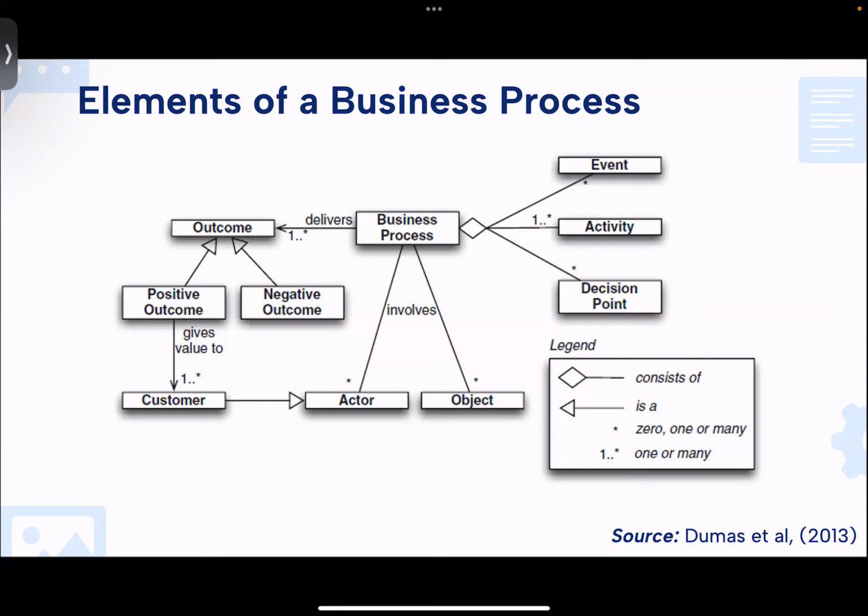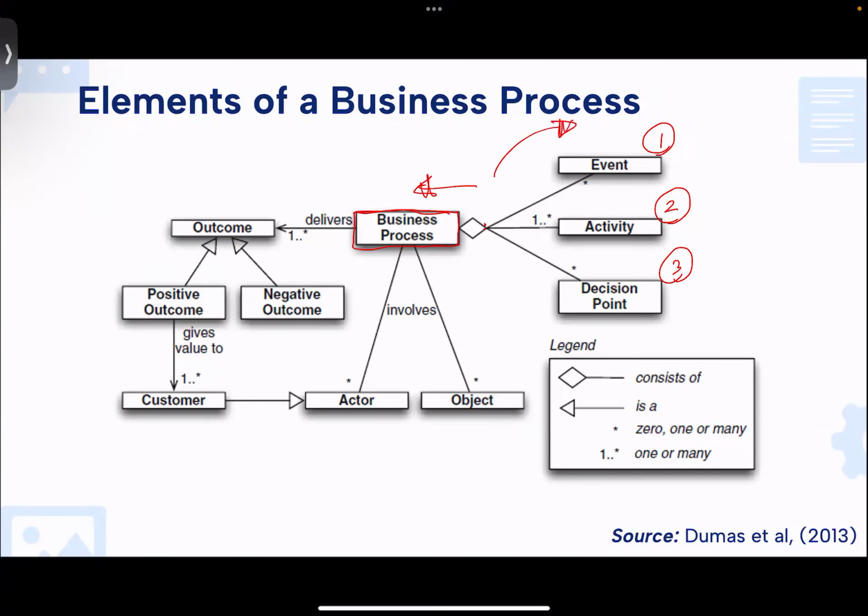Okay, so for example, if you consider the earlier example of the elements of a business process, as I mentioned earlier, there is an event. These things happen in an atomic way. Based on the event, it triggers an activity that we have to do. Based on the activity, we have a decision point, where we have to make a decision and identify whether it's going to go further or be returned.